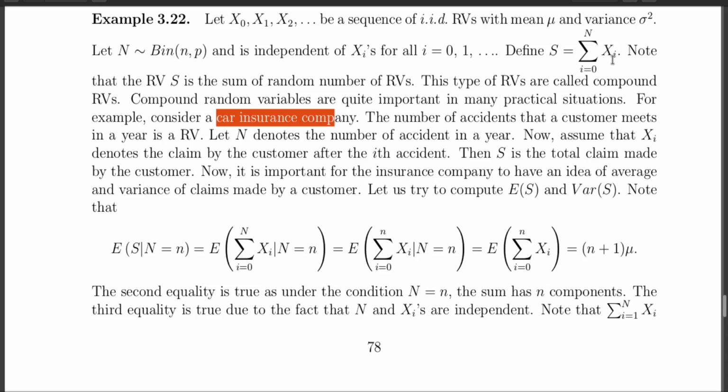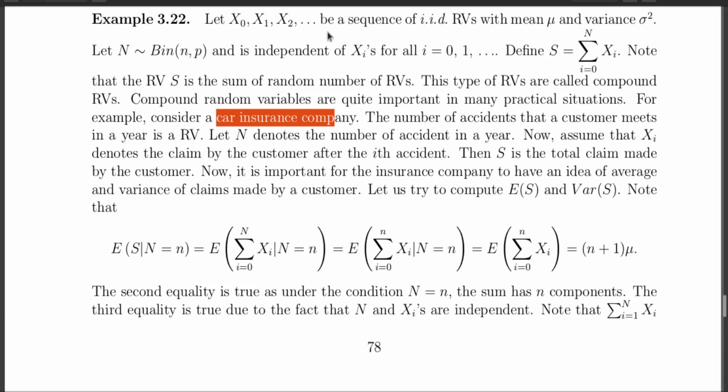So the total claim in a year is nothing but this quantity, where N is the number of accidents in a year. For the insurance company, it is very important to know the average of the amount claimed throughout the year, and the variance of the amount claimed throughout the year. So let us try to compute this.